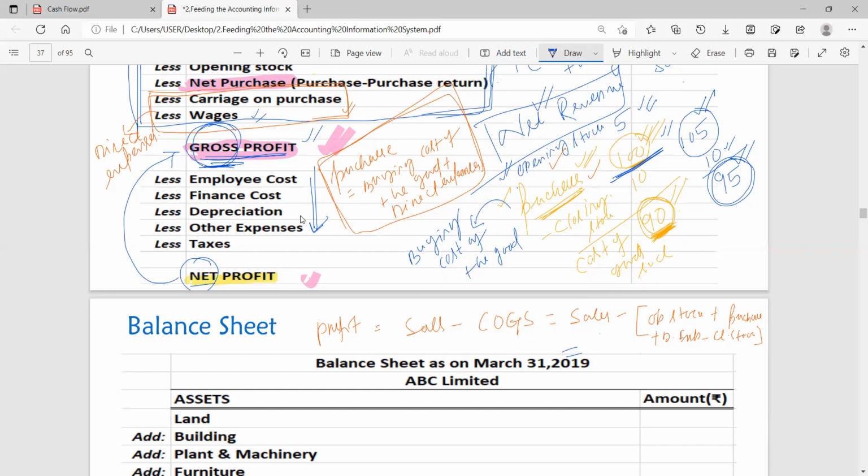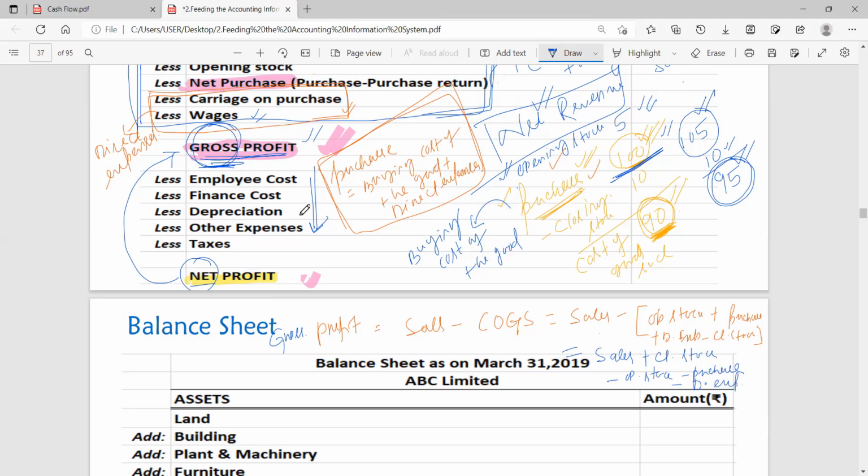So the final equation for profit, which is the gross profit, is sales plus closing stock, minus opening stock, minus purchase, minus direct expenses.